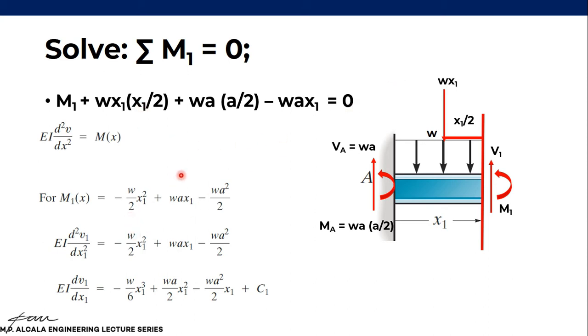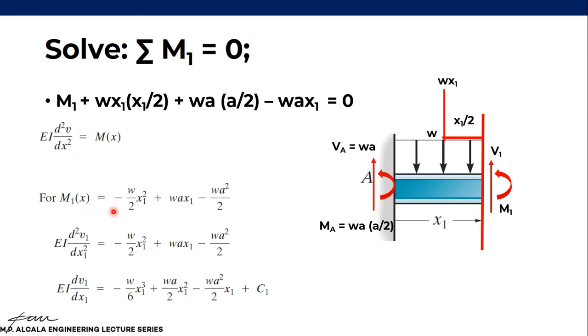This one, WAX1, from here, I just transpose it to the right, so it becomes positive. And then this one, again, from your original moment at the cantilever support or the fixed support, will be WA squared over 2. So WA multiplied by A, WA squared divided by 2 over 2. So M1 will be your moment function at x.